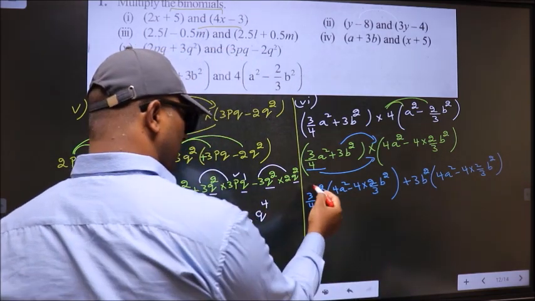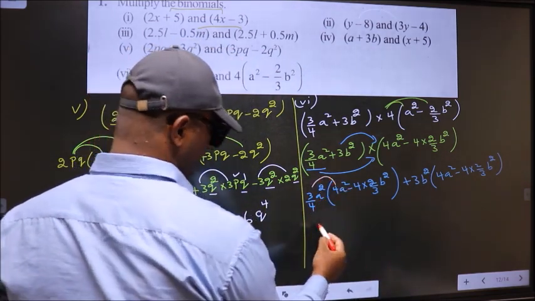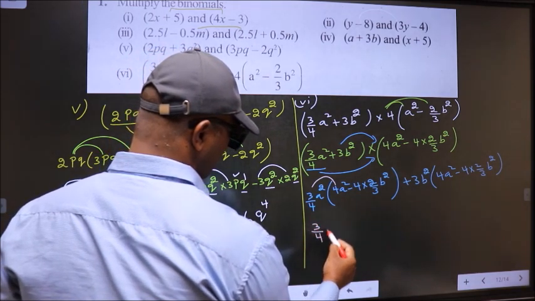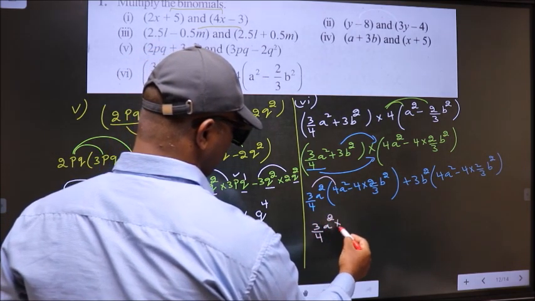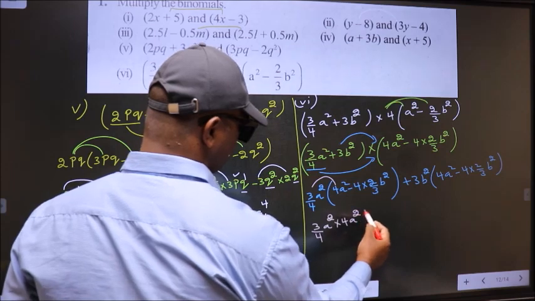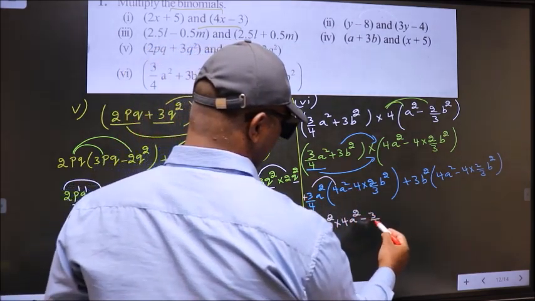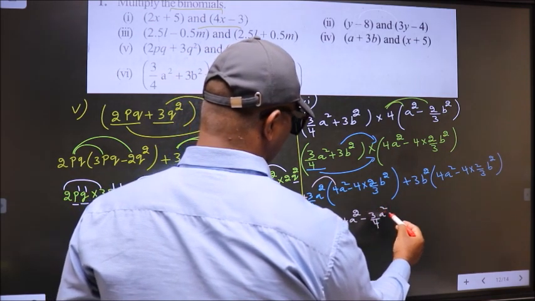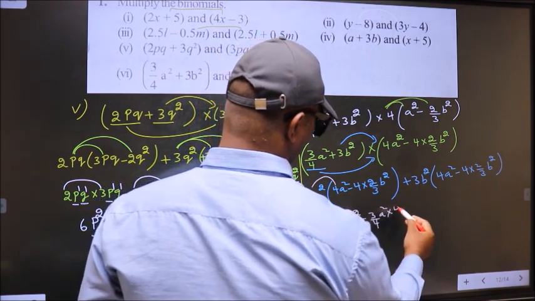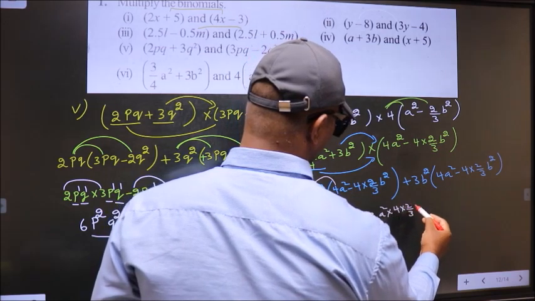Next, now we multiply these two, that is 3 by 4 A square into 4A square. Now here it is plus into minus, minus 3 by 4 A square into 4 into 2 by 3 B square.